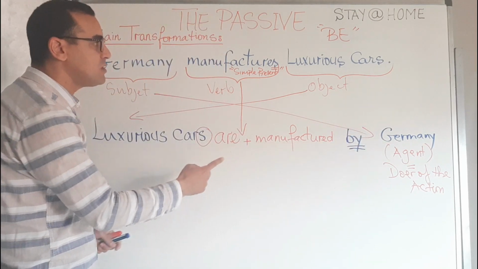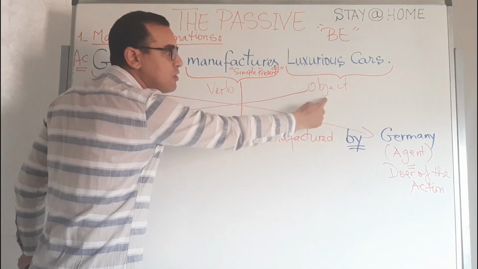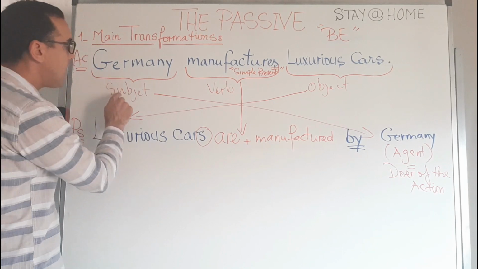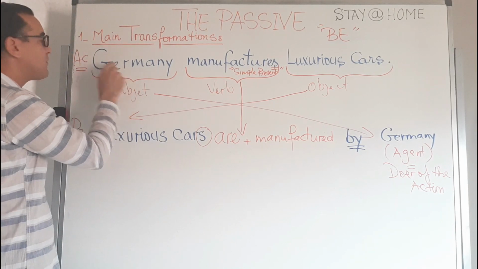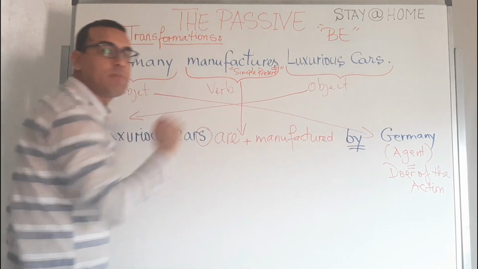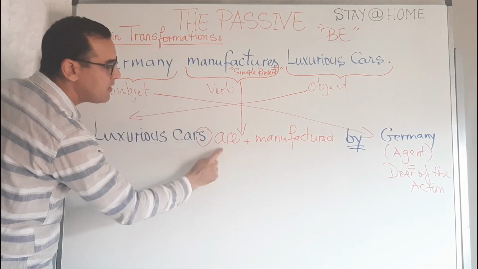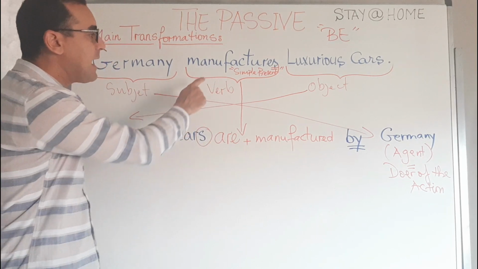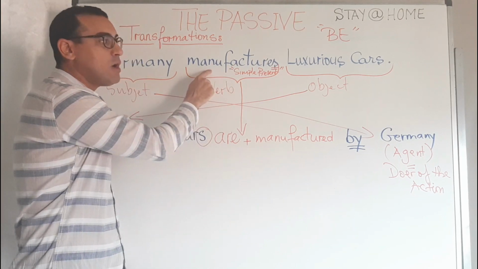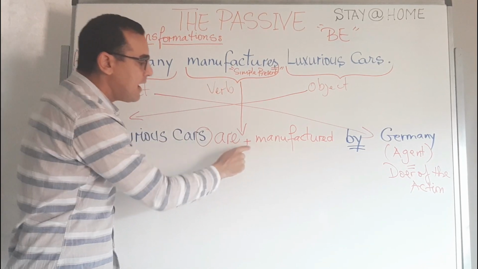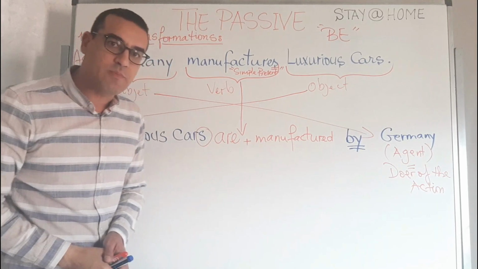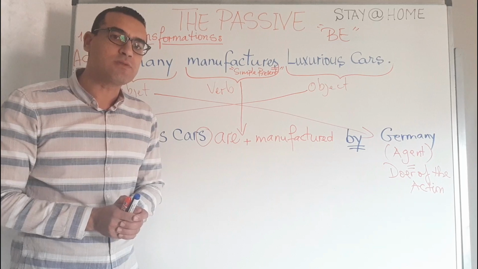The first procedure is to switch the position of the object to the subject position in the passive sentence, and switch the subject of the active sentence into the position of agent in the passive sentence. Then we drop the verb from the active form into the passive form. We put the verb to be in the same tense of the active verb, and we add the same verb in the past participle. So this is how we make this transformation.